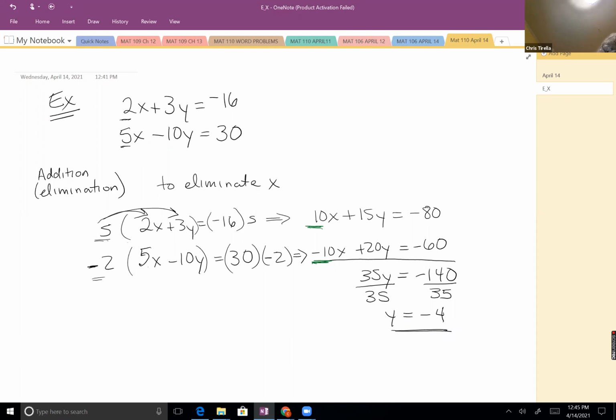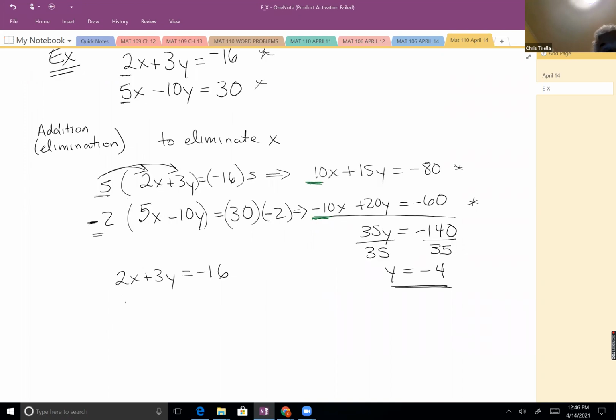So far, so good. We're not quite done yet. We have to find x. To find x, we're going to substitute, and we could substitute into any one of these equations. I'm going to use the first one, 2x plus 3y equals negative 16, just because I have a tendency to want to use the smaller numbers.